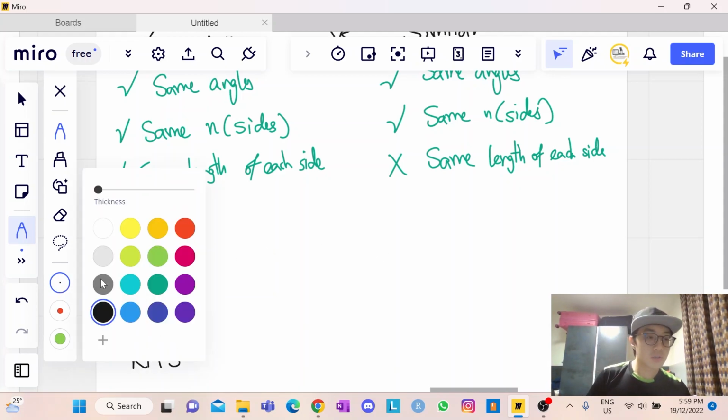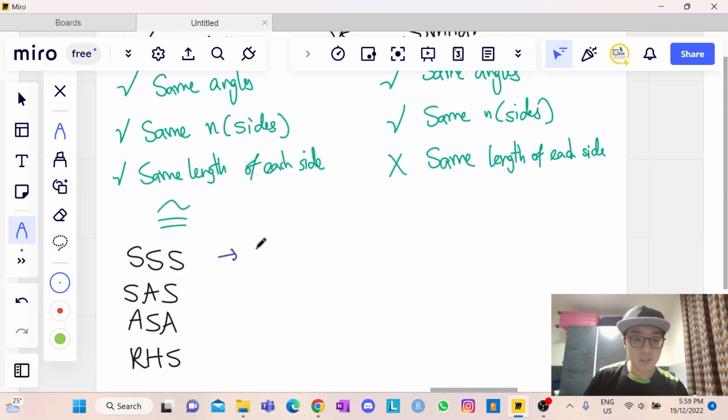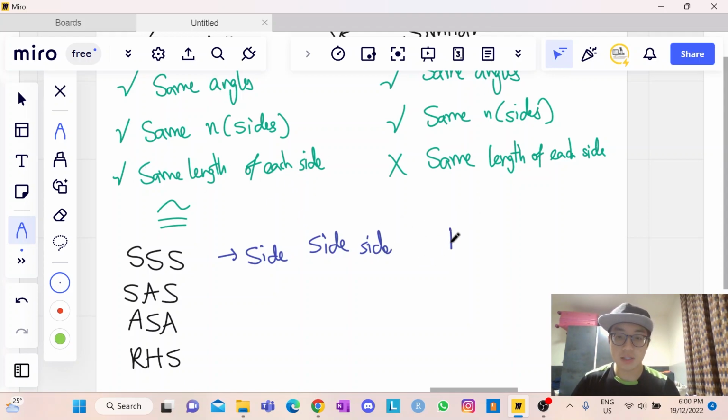The names are side, side, side, which means all the sides must be the same as this one. So sides 1, 2, 3 must be the same. This is the side, side, side group.